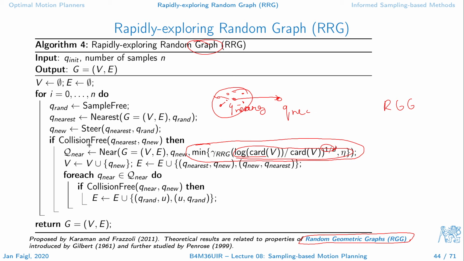And then we expand by finding the possible connections between this Q new and Q near, and we are updating it for all of the possible locations. So we are trying to improve the path, not the closest one, but improve within some ball radius.